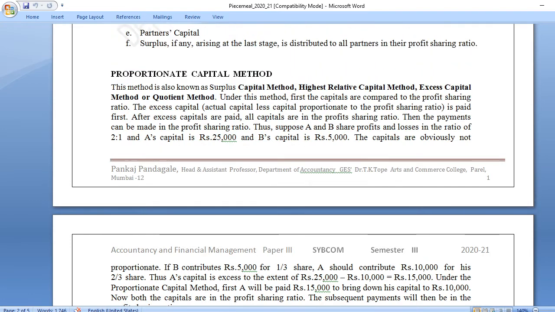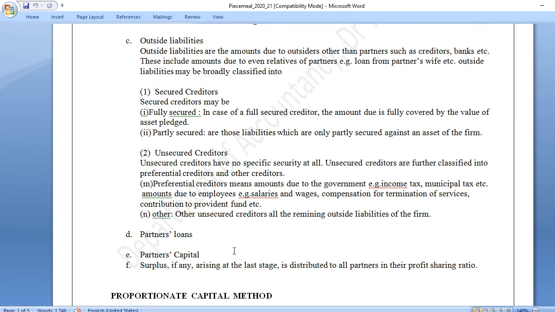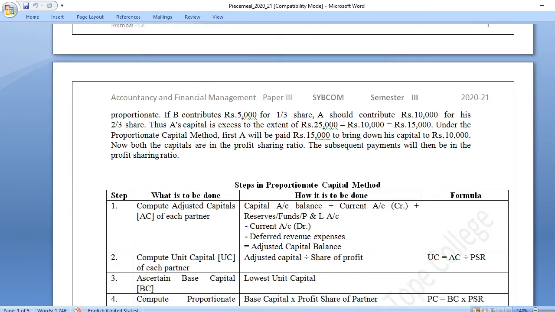First, we pay realization expenses, then reserves for unrecorded and contingent liabilities, then outside liabilities. Among outside liabilities, we first pay creditors, secured and unsecured. After paying the outside liabilities, we pay partners' loan and then partners' capital. The same we have to do in our problem.